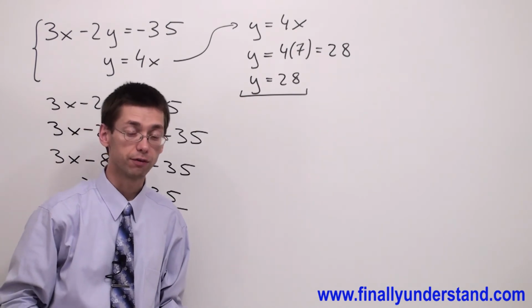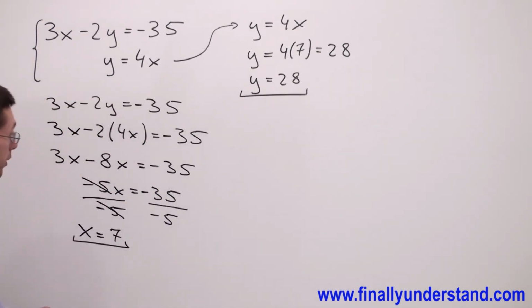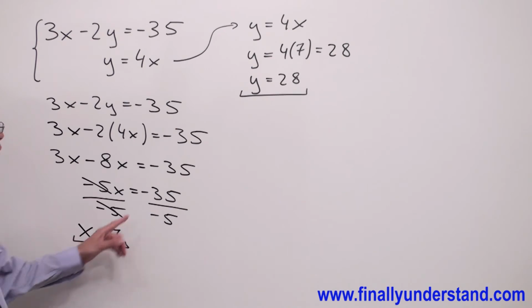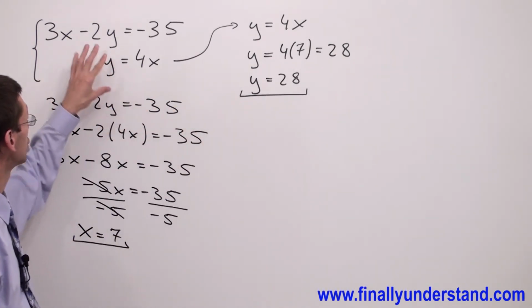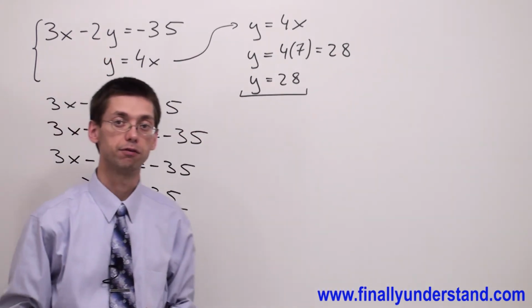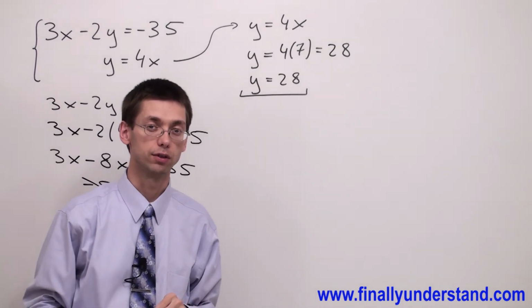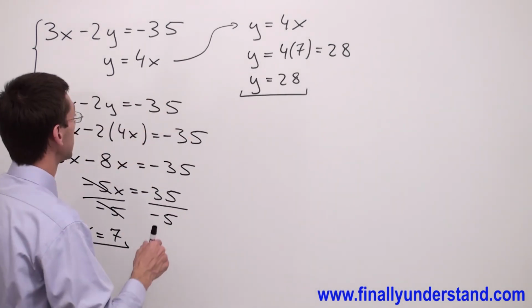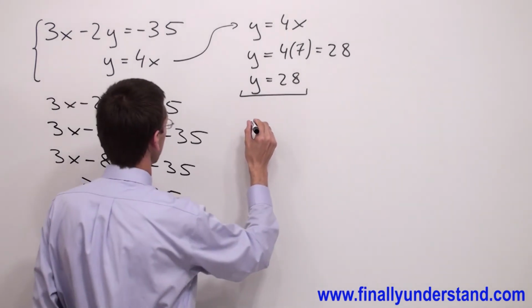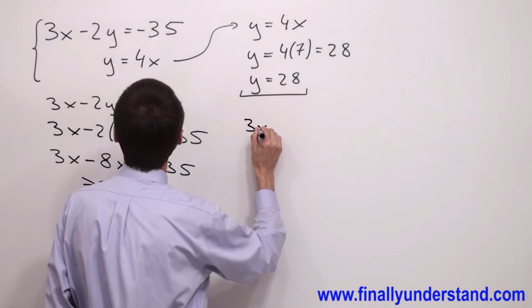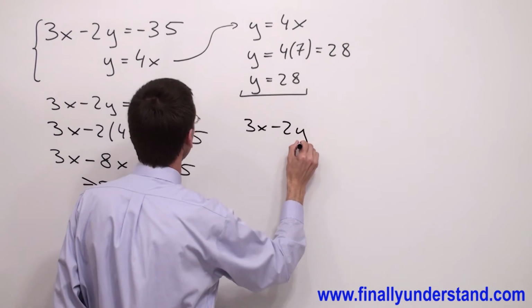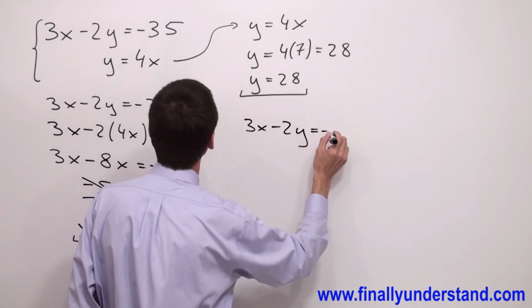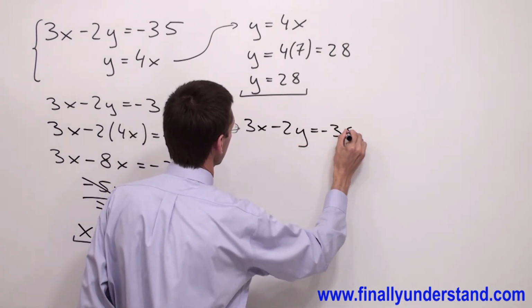In order to verify if my answers are correct, I'm supposed to plug these two values into the original equations and verify if the left side of the equation is equal to the right side. So let me copy down the first equation, and I have 3x minus 2y equals negative 35.